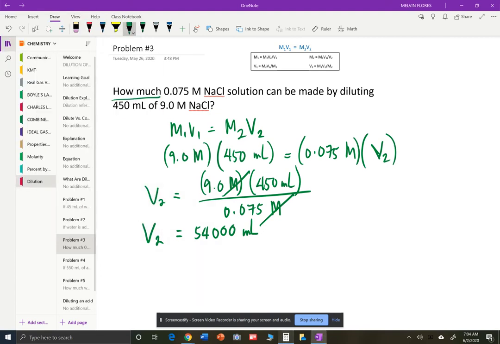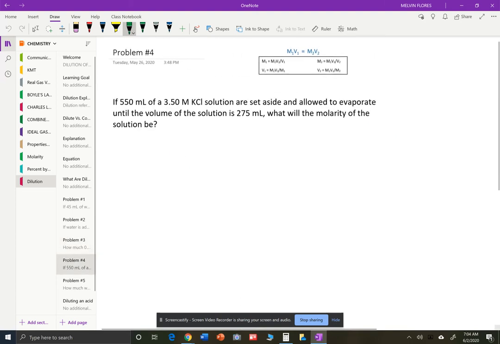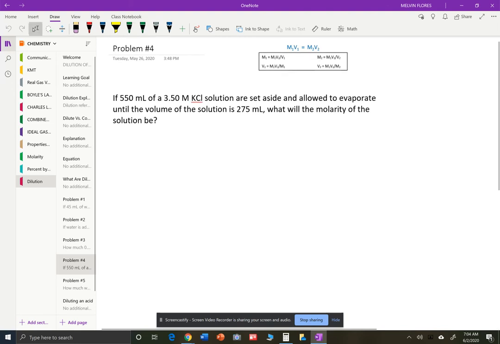All right, let's proceed to another example. If 550 ml of a 3.50 molarity KCl solution are set aside and allowed to evaporate until the volume of the solution is 275 ml, what will the molarity of the solution be? Okay, so M1V1 equals M2V2. So our initial molarity is 3.50.